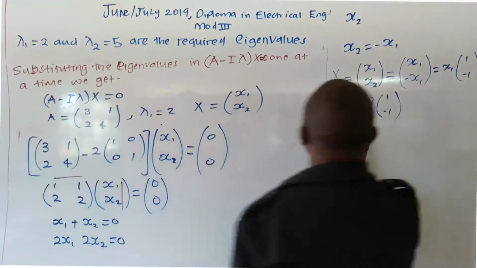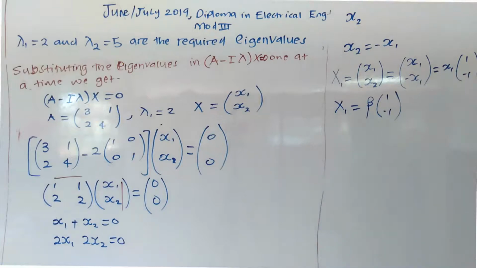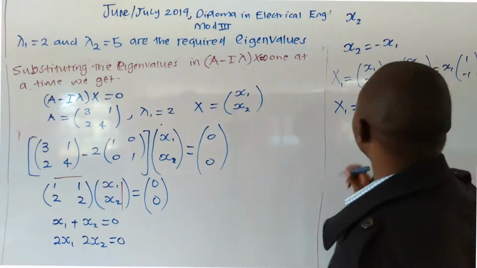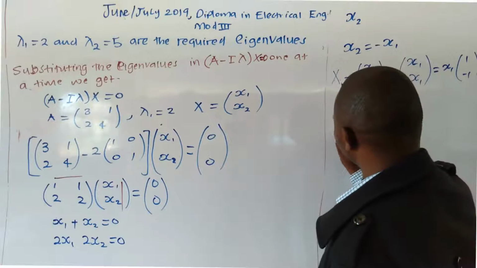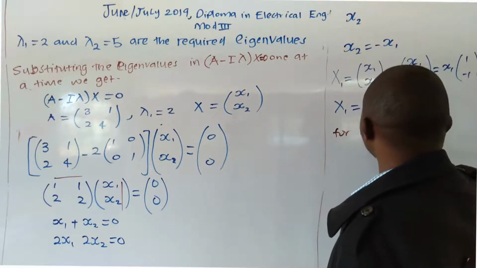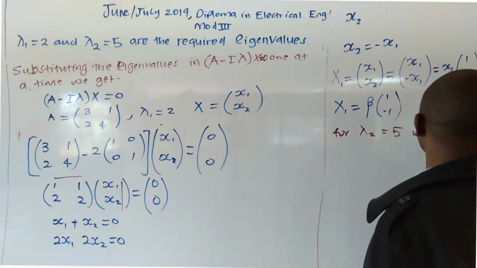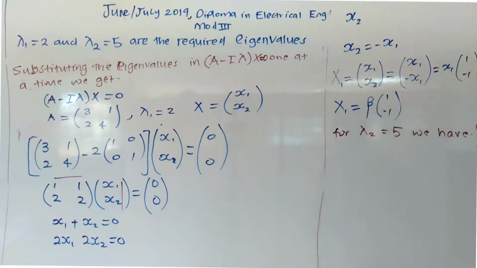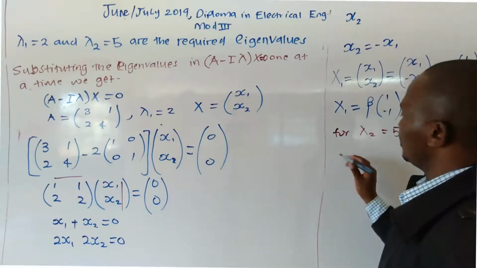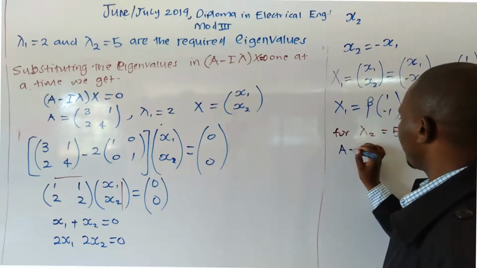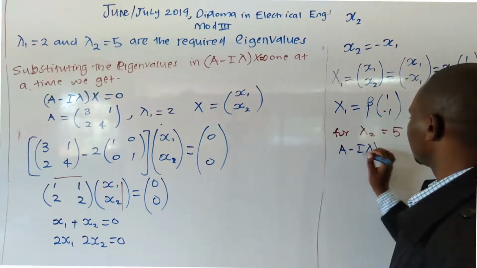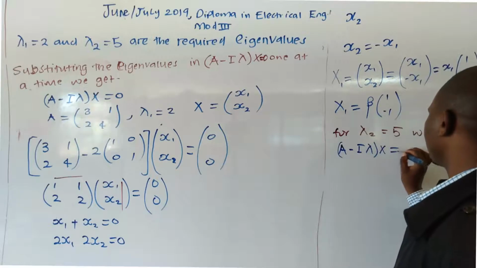We now determine the second eigenvector. For lambda 2 equal to 5, we have (A minus lambda I) x is equal to 0.